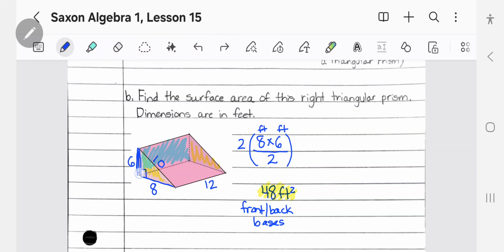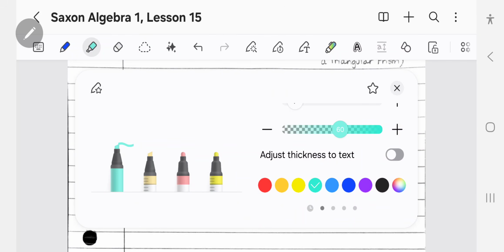We're talking about the back that I just colored. So here's 6, and then we need this distance, which is going to be the same as this, so it's going to be 12. So we can do that 6 times 12, and 6 times 12 is just 72. So we're going to add to that 72 square feet, and that is the measurement of that left side.